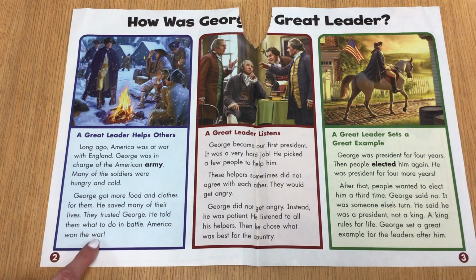America won the war. So not only was he the president, but he served in the army, and he was in charge of the American army and helped us gain our independence. Of course, he didn't do that by himself, though. A lot of other people had to help him. They had to work as a team together in order to become free.